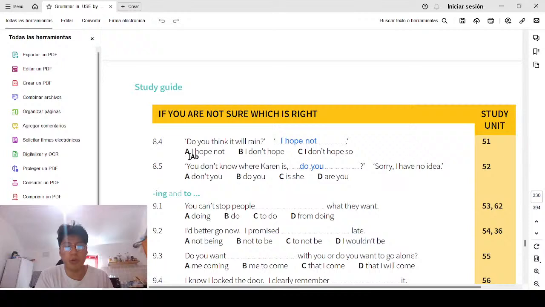In this case, you start with an average sentence, like a subject, verb, and object, right? And you put the question at the end. In this case, do you? Yeah, but it always has to be opposite. For example, if the sentence is negative, the question has to be positive. In this case, do you? Okay. Next one.